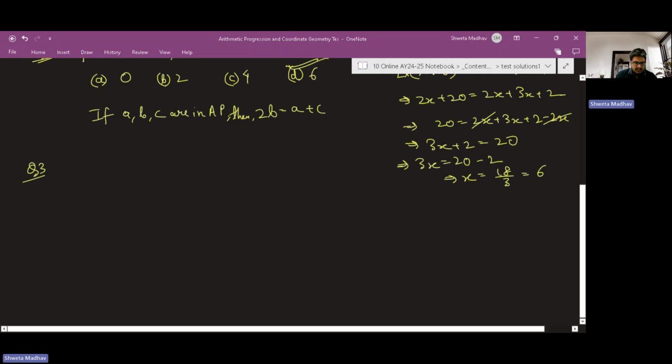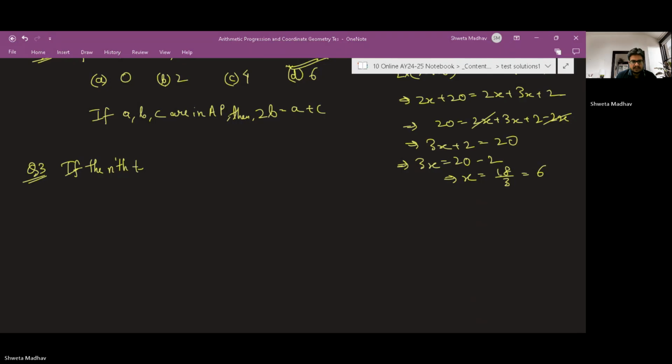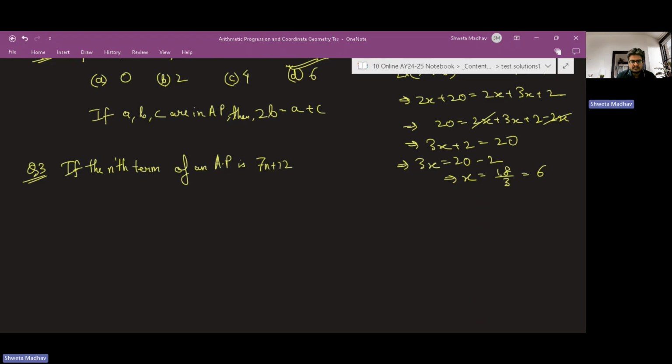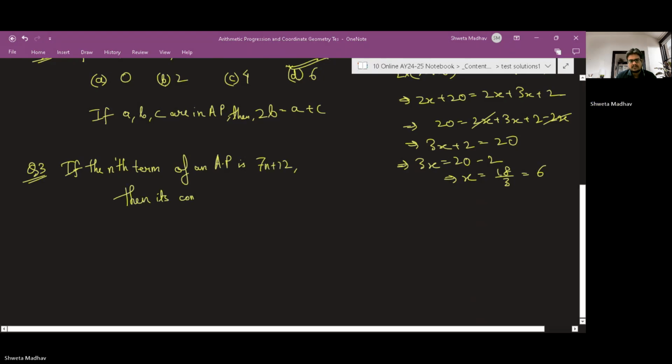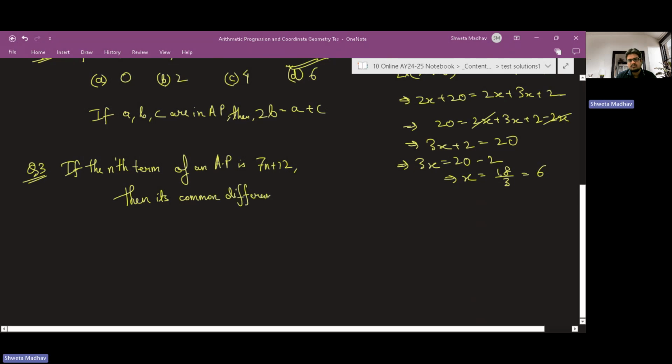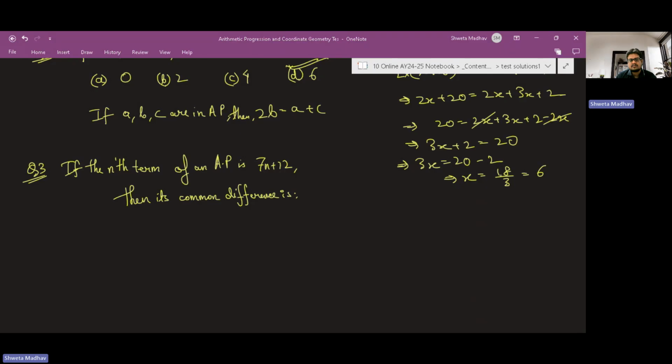Then in question number 3, it is told: if the nth term of an AP is 7n plus 12, then its common difference is. The options are given as 12, 5, 7, and 19.